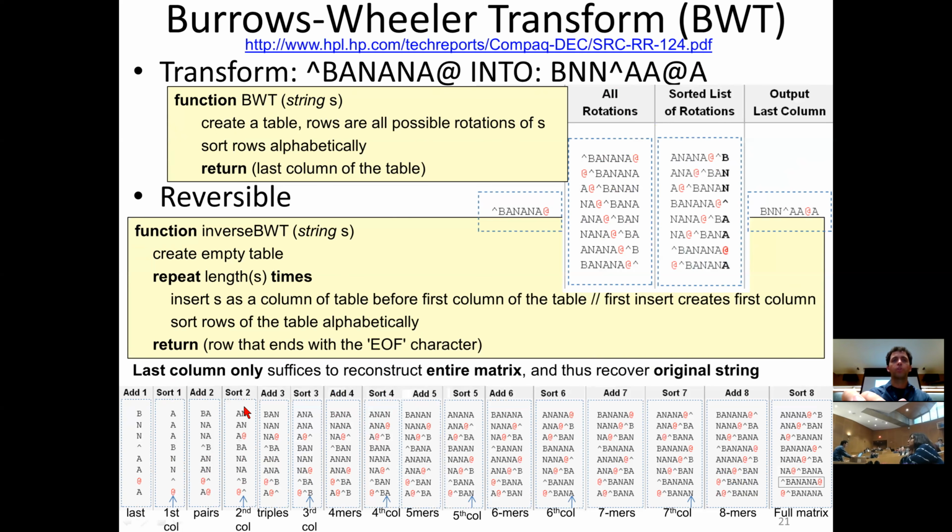Basically, I then sort the doublets, and then I can just add that to the last column, and I can sort it again. I can add that to the last column and sort it again, add that to the last column and sort it again. Everybody with me? And then when I'm done with the whole process, I basically have the full matrix. And I get my word wherever these funny start characters are.